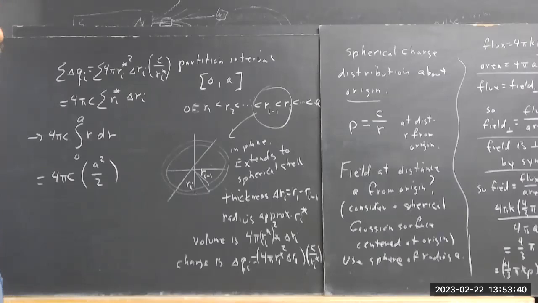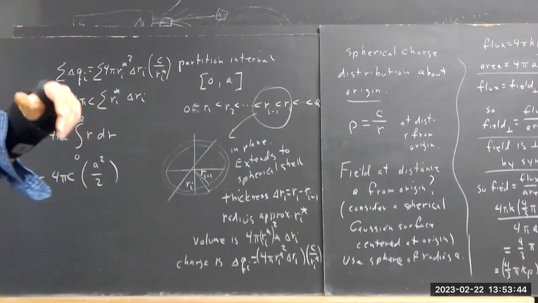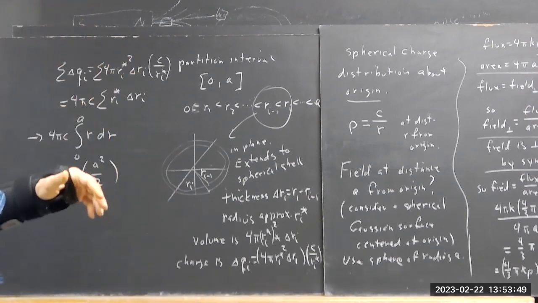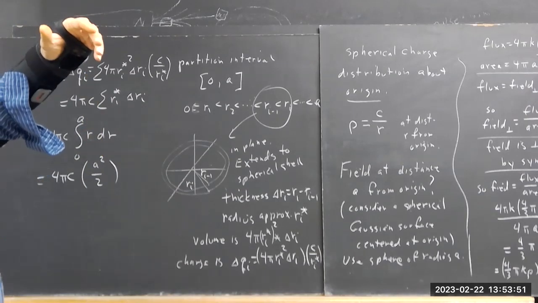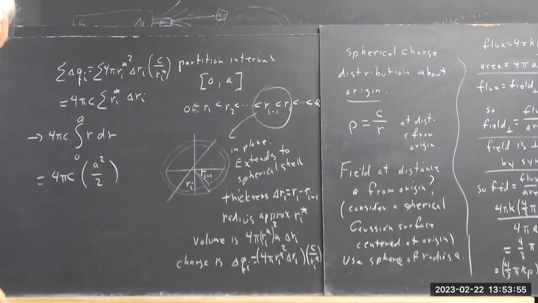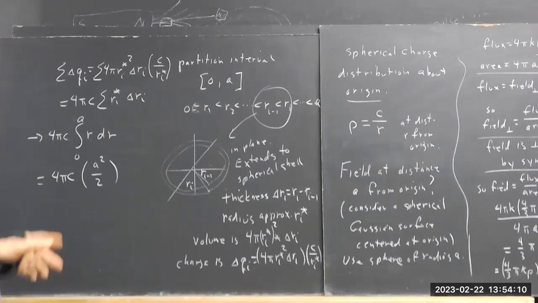What I said initially, C would be in units of charge per square length unit, coulombs per square meter. Okay, so that's like coulombs per meter per square meter. It's disturbing me.